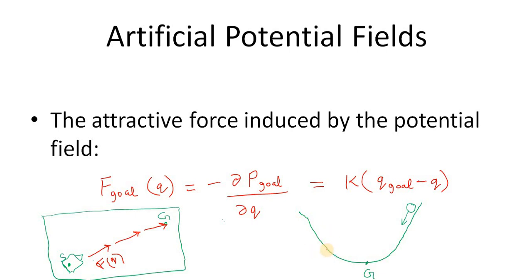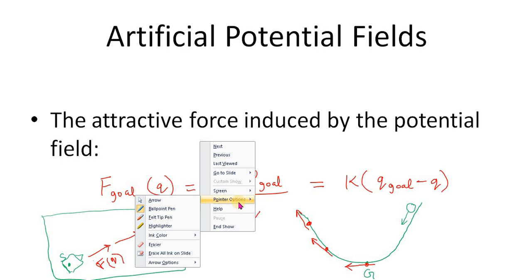So at any point when you take a derivative of a quadratic function, for example at this point, the derivative points in this direction. At this point the derivative points in this direction. At this point the derivative will be in this direction. So for this potential function we take the derivative, and the object or the robot will always move in the negative direction of this.